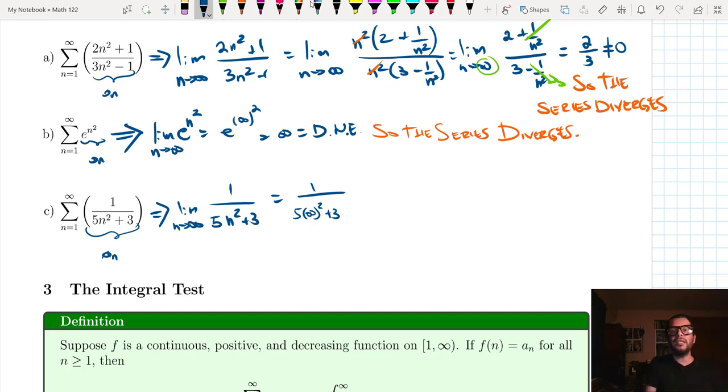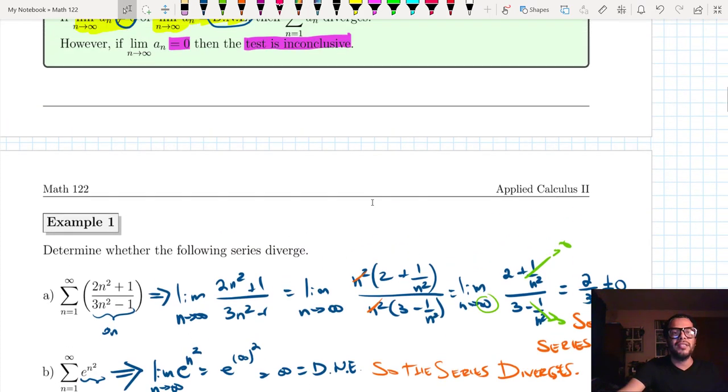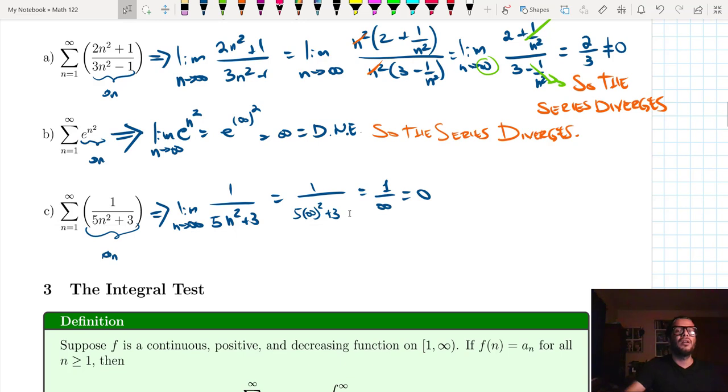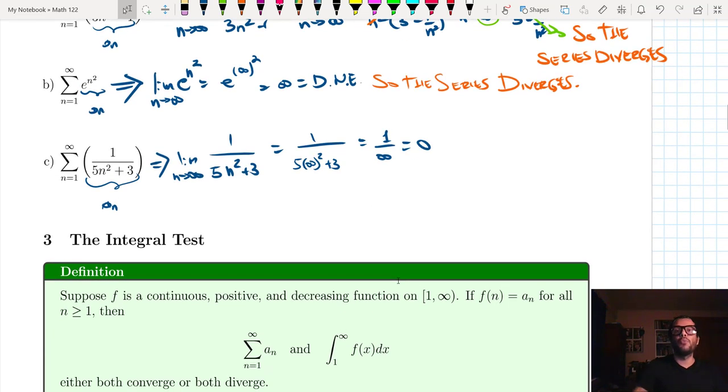Infinity squared is going to be infinity, which times 5 is even more infinity. Add 3 to that, we basically get 1 over infinity, which is 0. In accordance with the criteria for the test, if we get 0, the test is inconclusive and we need to go and look at another test, which I will show you later, and then I'll come back to this one.